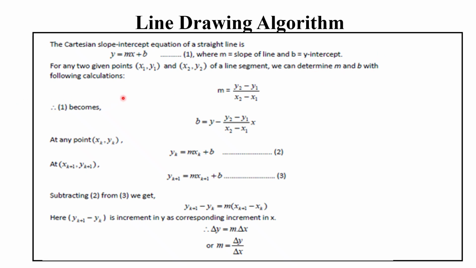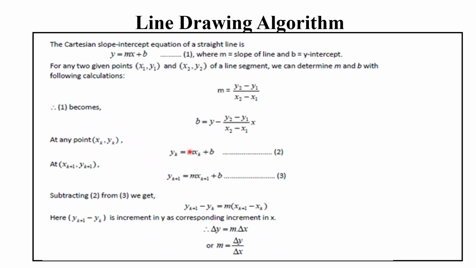If you have 2 points, say x1, y1 and x2, y2, which form a line segment, we can determine the slope m and the y-intercept b with the following calculations. So m is nothing but the difference between y2 and y1 divided by the difference between x2 and x1.